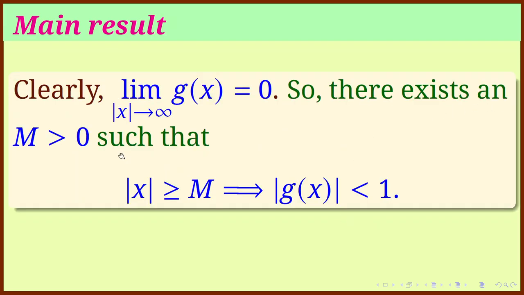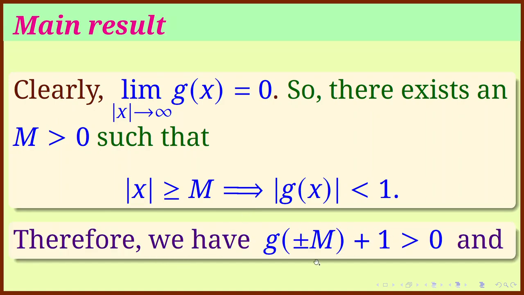So there exists an m such that whenever the absolute value of x is greater than or equal to m, the absolute value of g(x) is less than 1. By choosing the numerical value of x sufficiently large, we can make the absolute value of g(x) sufficiently small. So we want to make it smaller than 1.